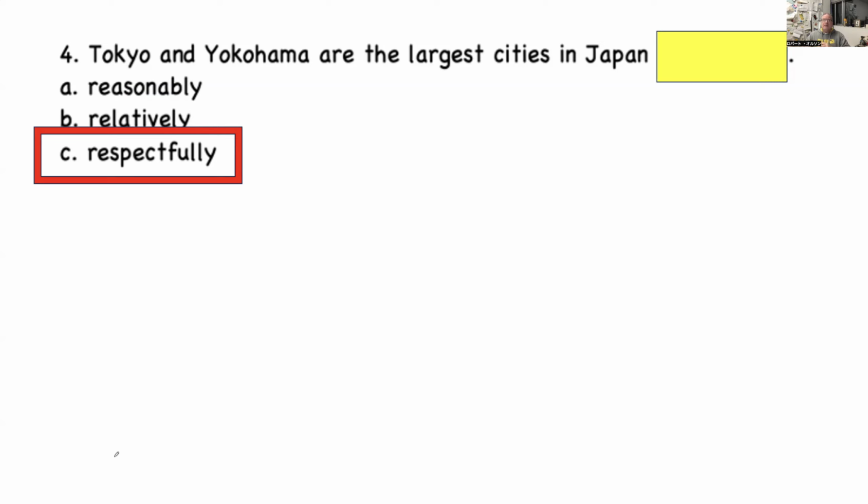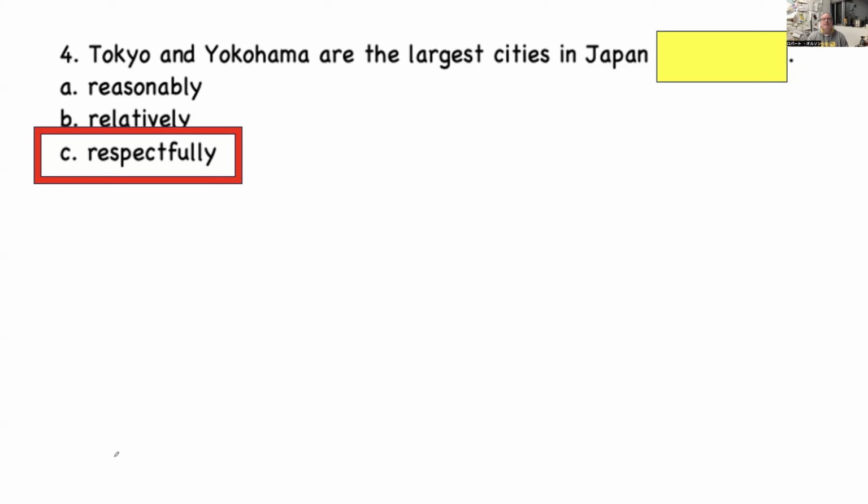So the order from my room is 309, Sakabe Sensei's room is 310, Ono Sensei's room is 311, respectively. This is junban, order. So Tokyo and Yokohama are the largest cities in Japan, respectively. Meaning, Tokyo is number one. Yokohama is number two in terms of size.